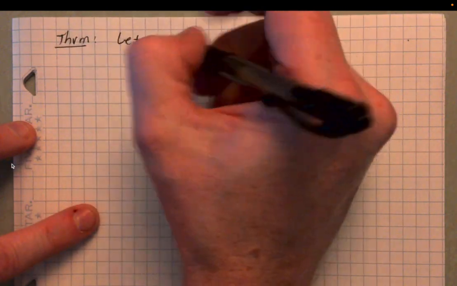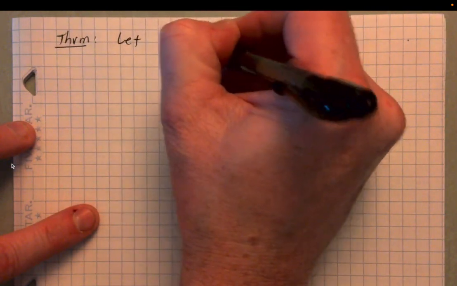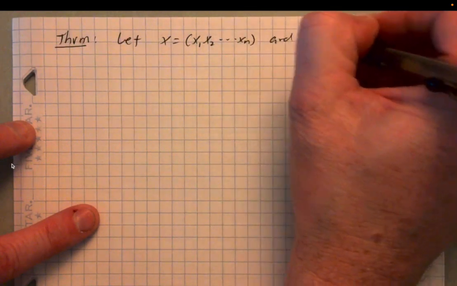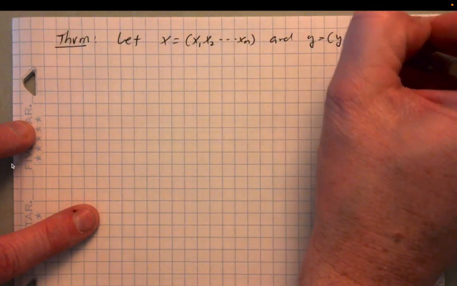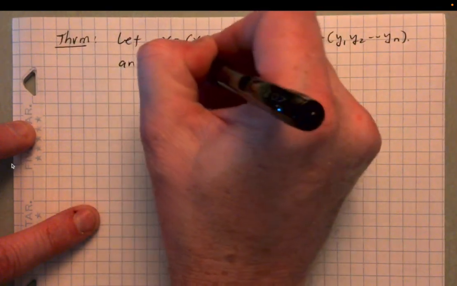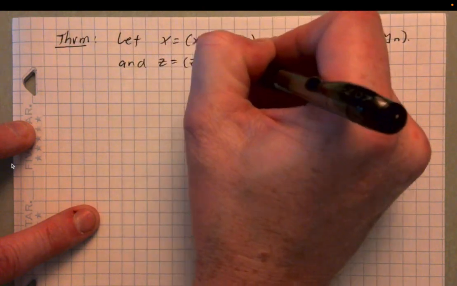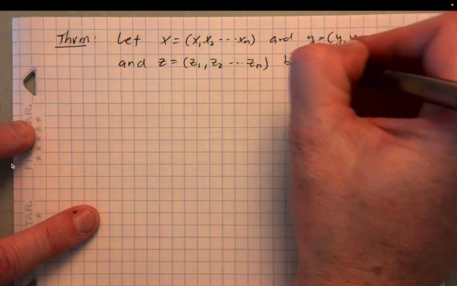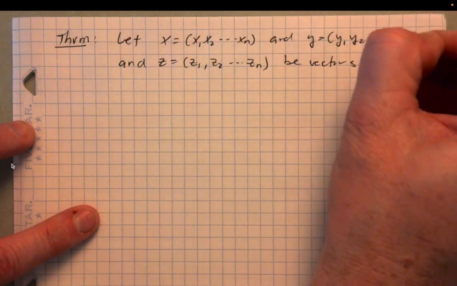So let's let x equal x1, x2, through xn, and y equal y1, y2, through yn. And z, we'll need 3 of them, equals z1, z2, through zn, be vectors in Rn, right?